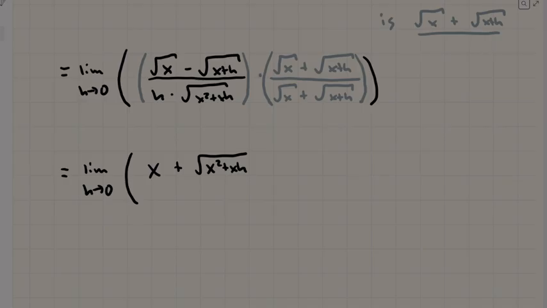The inside would be minus square root of x plus h times square root of x, so that'd be minus the square root of x squared plus xh. And then we've got minus the square root of x plus h, squared.